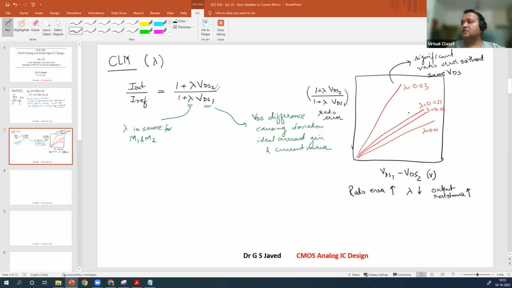Second, now to conclude from this exercise, you can understand that to have ideal current mirror activities, a good current mirror will have two good components. First, your VDS should be same, or VDS needs to be identical.